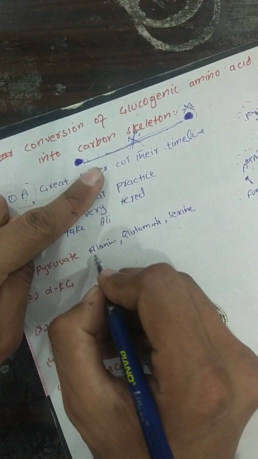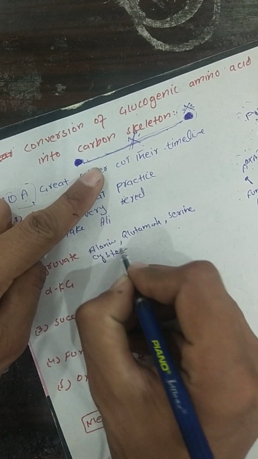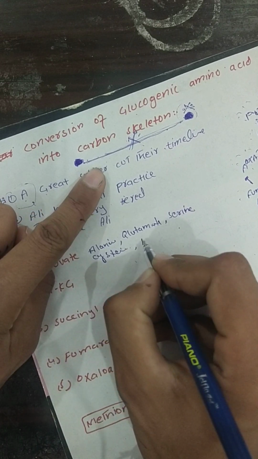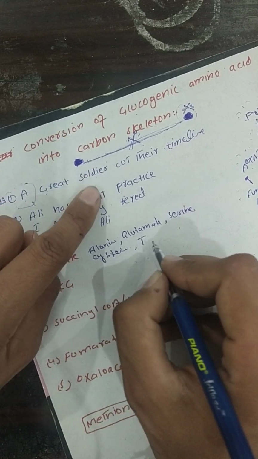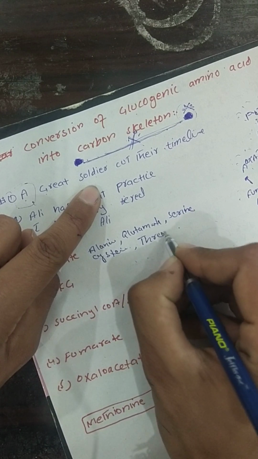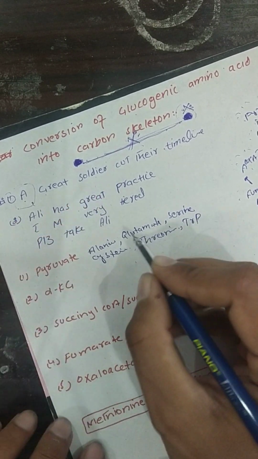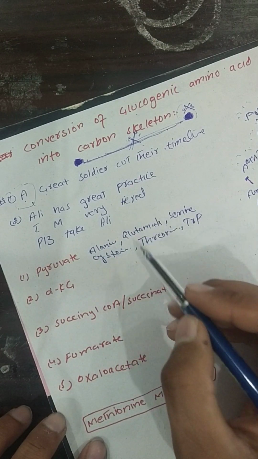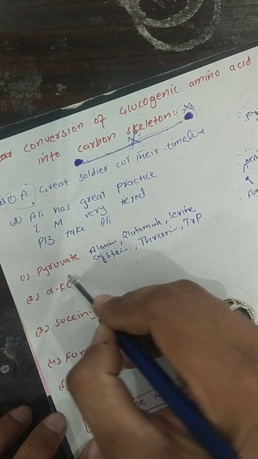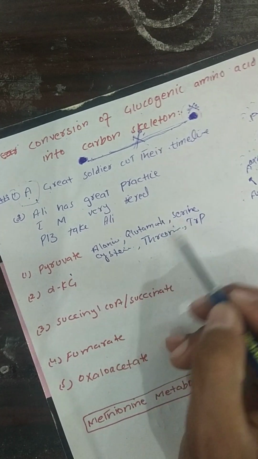And C for cysteine. Okay, and we have T and T. The first T is for threonine, and the second T is for tryptophan. So these are the amino acids which are converted into pyruvate. You can easily remember them by this mnemonic.